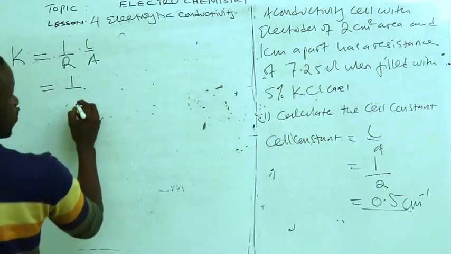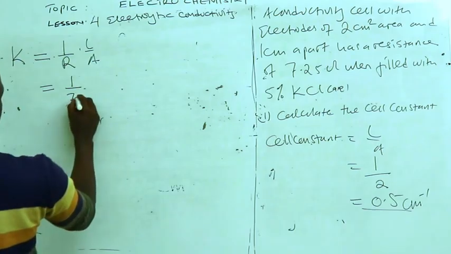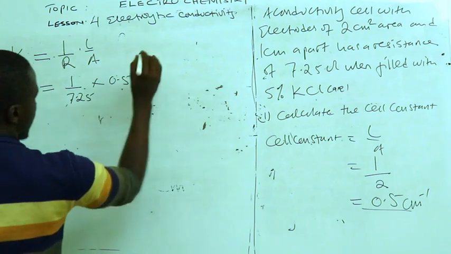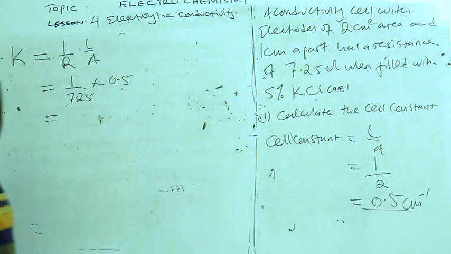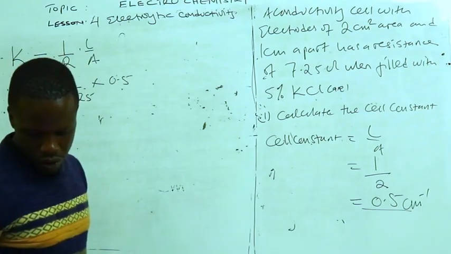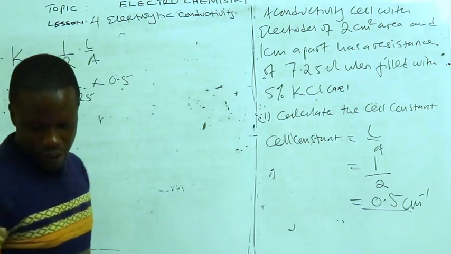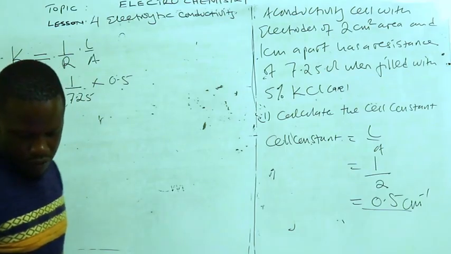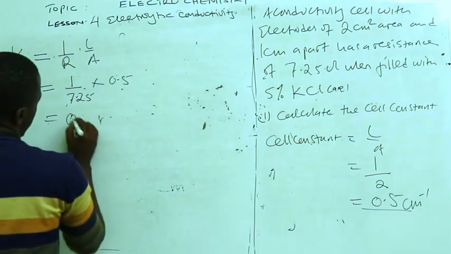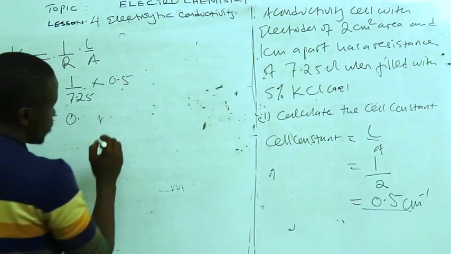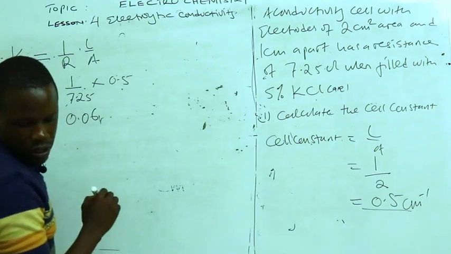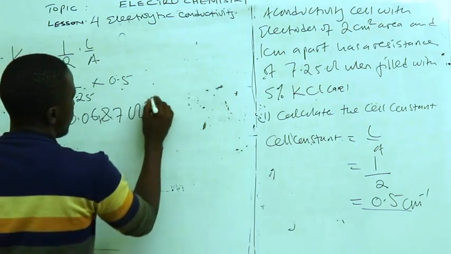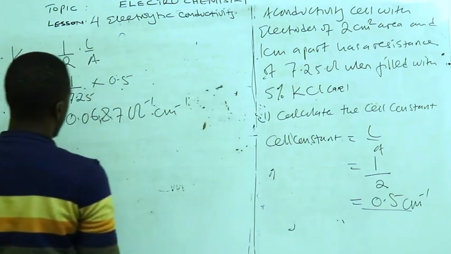So this is 1 over 7.25 times the cell constant, which is 0.5. That would give us 0.5 divided by 7.25, and it will give us the electrolytic conductivity as 0.0687. Now this is per ohm per centimeter.